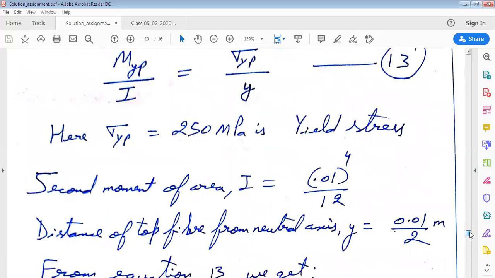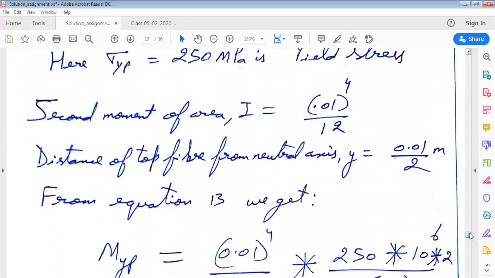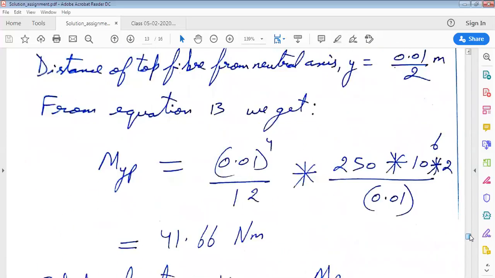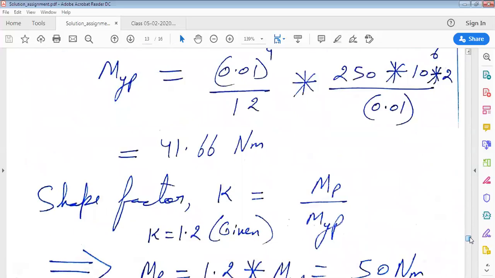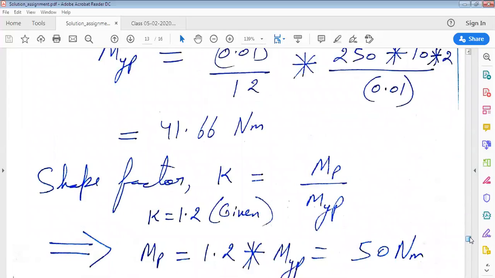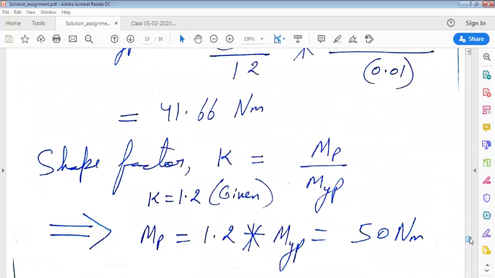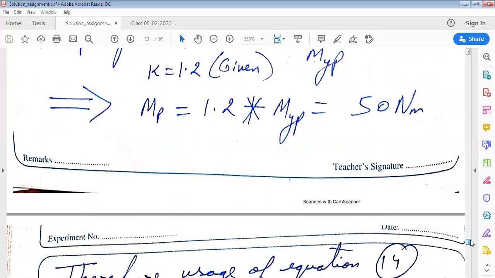And from here, we can find out MYP equal to 41.66. Shape factor, which is MP by MYP, has been given as 1.2. So therefore, MP becomes 1.2 into MYP equal to 1.2 into 41.66, and that becomes 50 Newton meter.